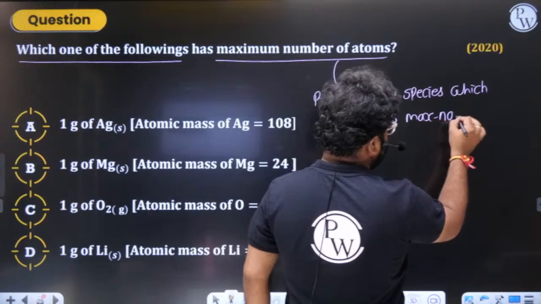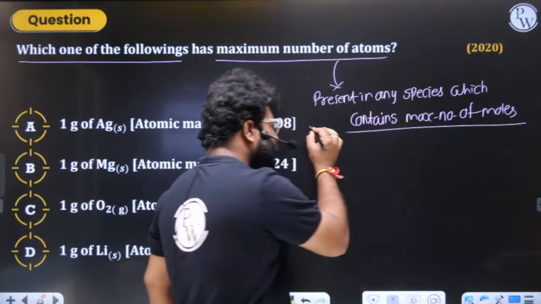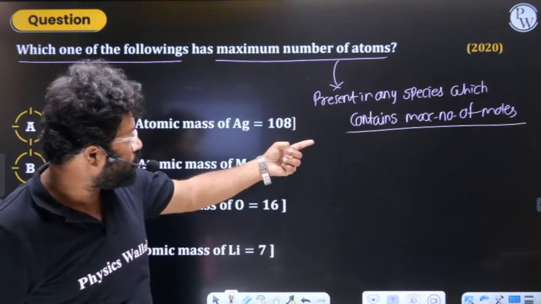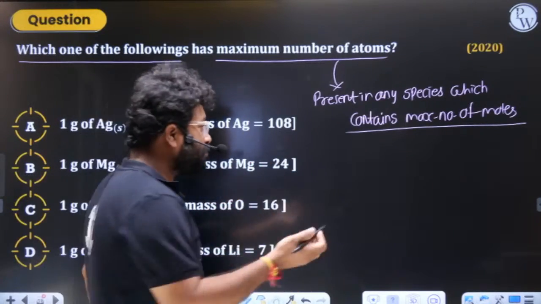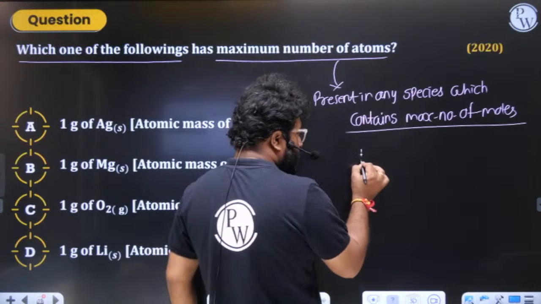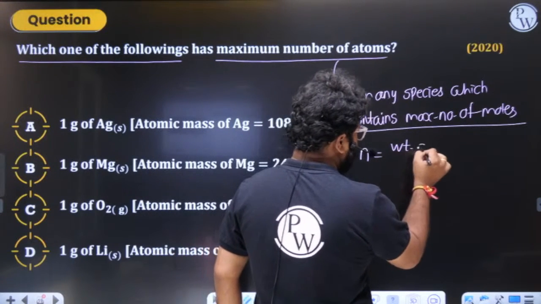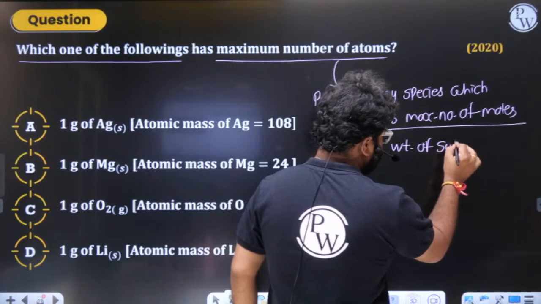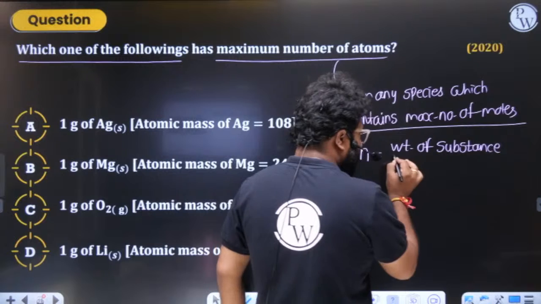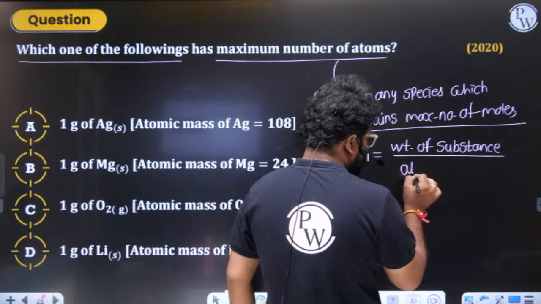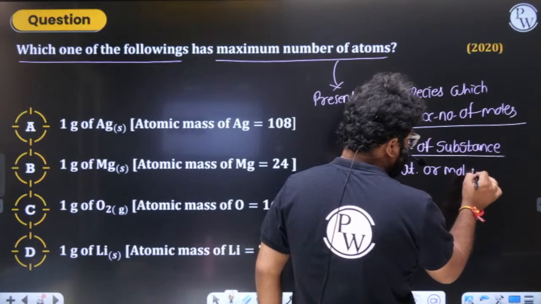Any species which contains maximum number of moles would contain maximum number of atoms. It is that straightforward, right? And what is the formula for number of moles? Weight of a substance, whatever substance they have given you, divided by atomic or molecular mass.